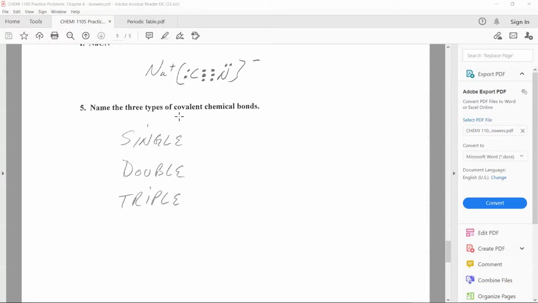Sharing pairs of electrons between two atoms. Remember, a pair means two. And when it comes to covalent bonds, there are 3 types you should know. Name the 3 types of covalent bonds: single bond, double bond, triple bond.